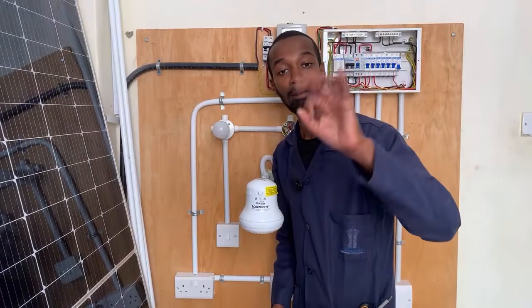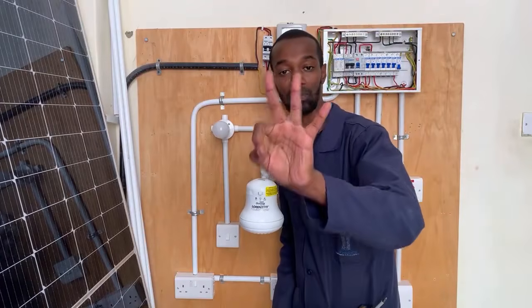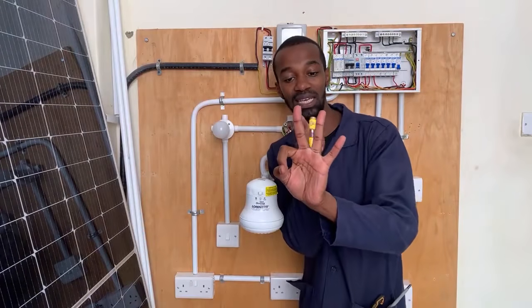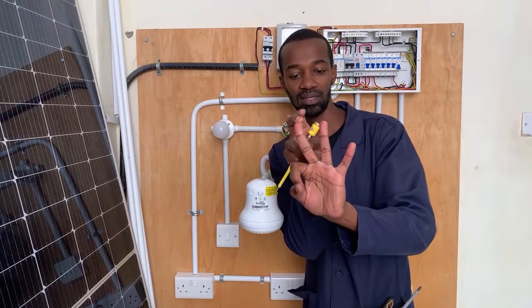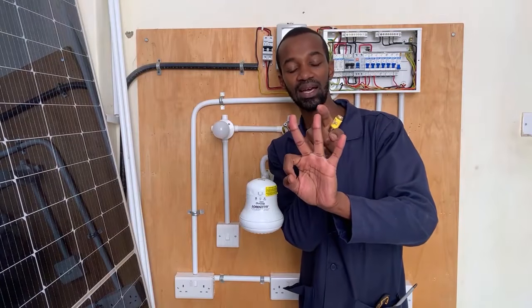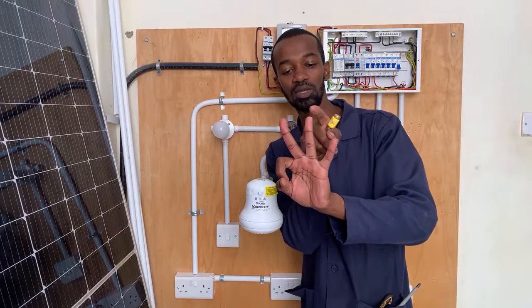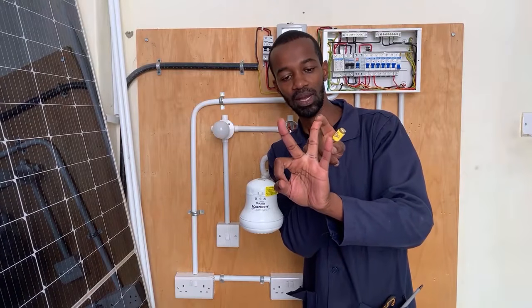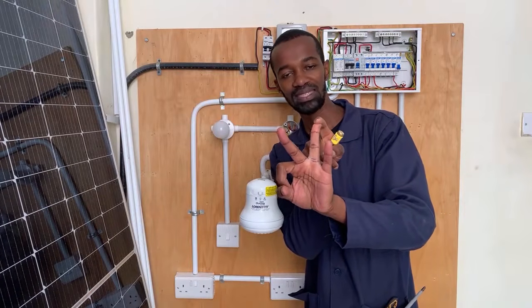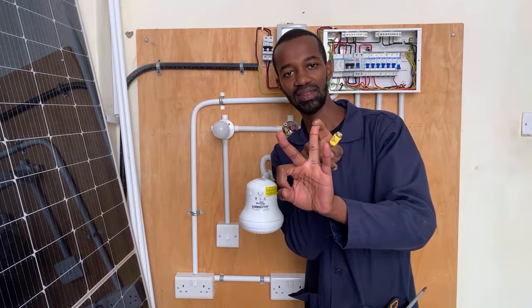We ensure that we come up with several circuits. We can even come up with 3 circuits. A circuit that activates the security lights and the lighting in the common areas. Another circuit which activates some parts of the home, let's say the dining room, the kitchen and the corridor.